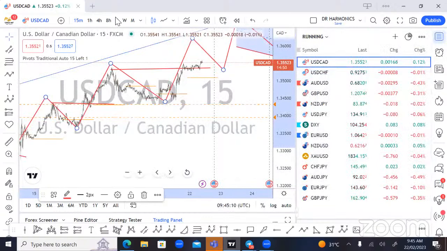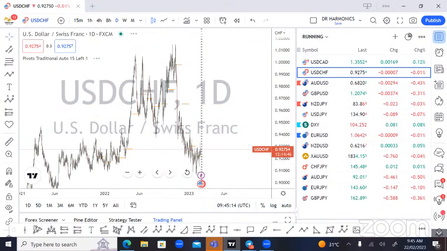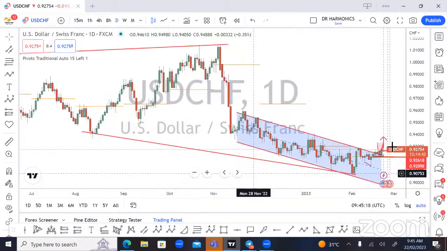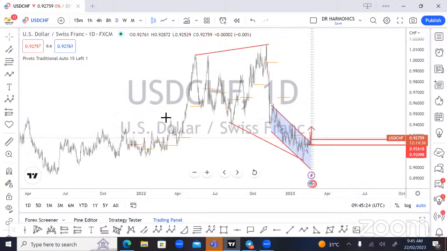Let's go to USD CHF. On USD CHF, we are looking for a long-term buy. We had a bullish trend, then we saw a swing structure, and we will be seeing internal structures within.